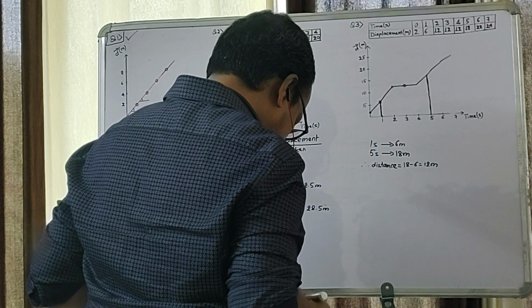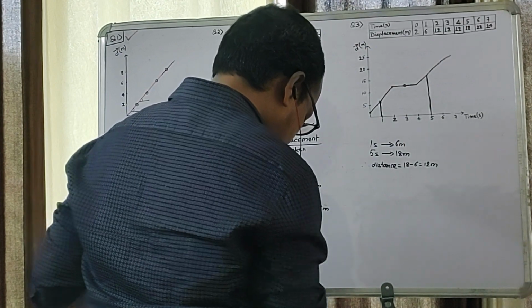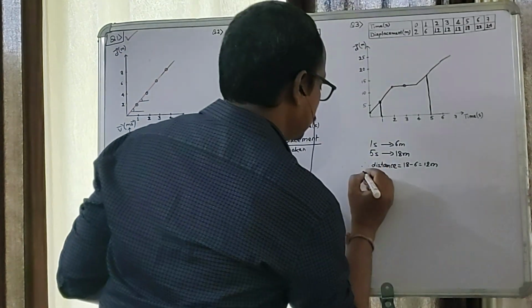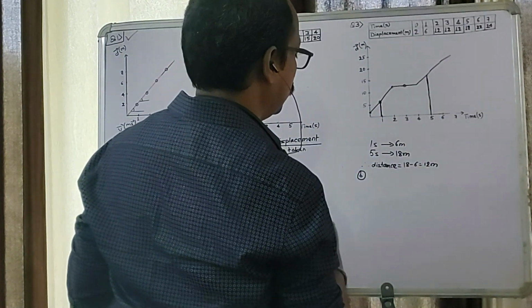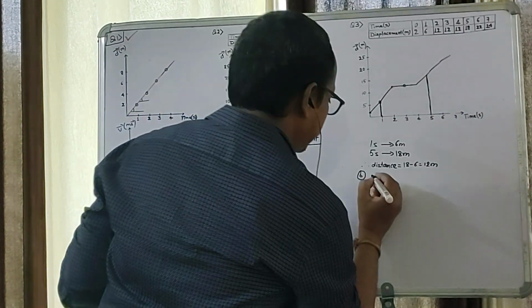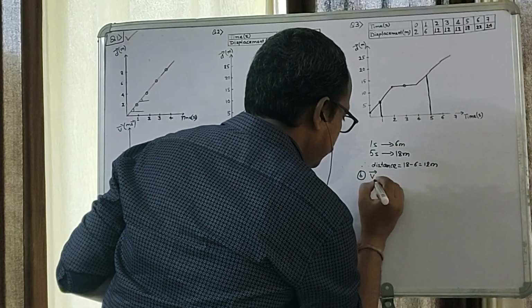And Part B: average velocity in the time interval 1 to 5 seconds. What is the average velocity? We calculate it.